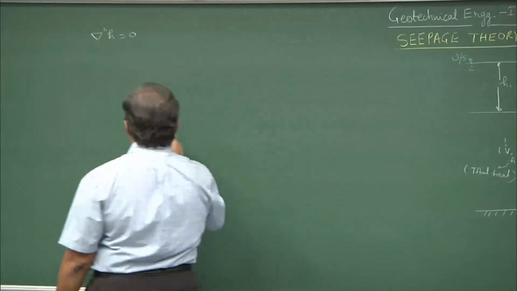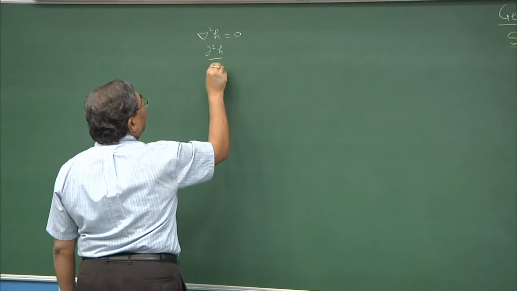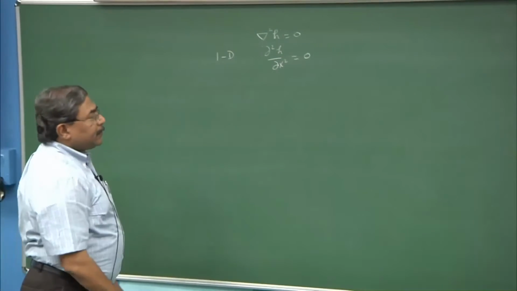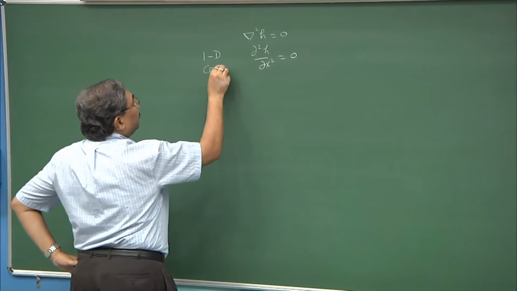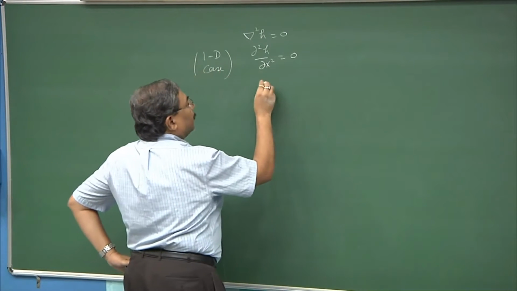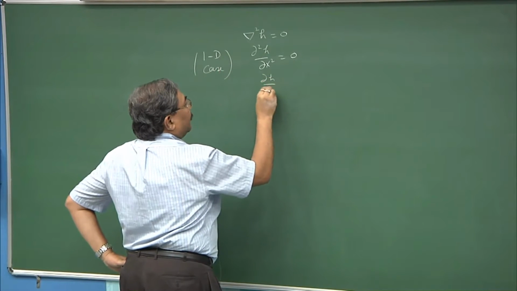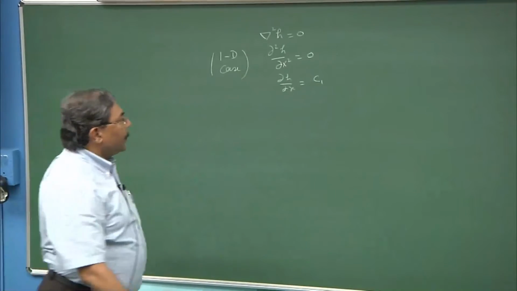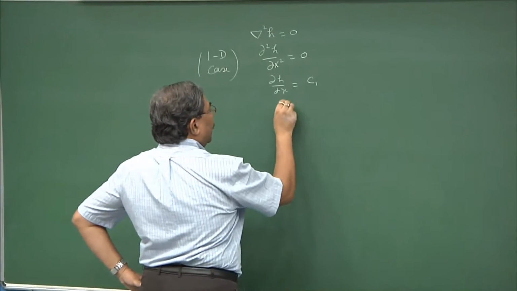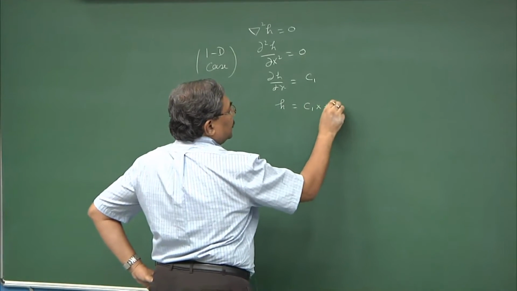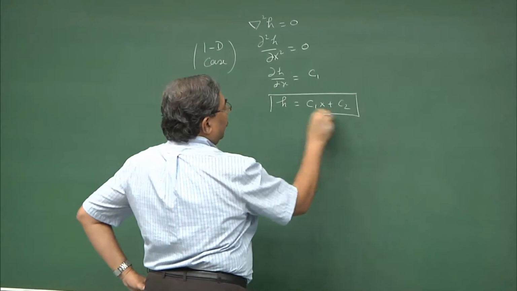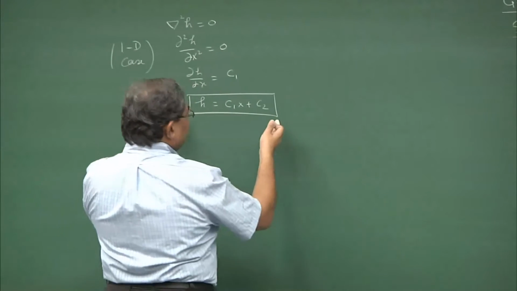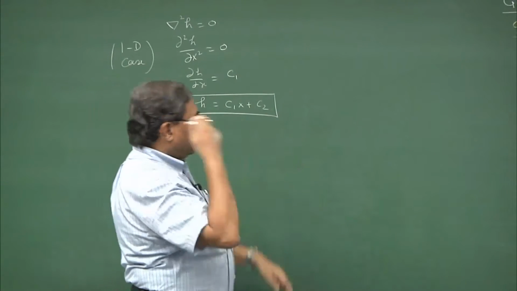So, suppose if I consider one dimensional case, this will be equal to del H upon del X equal to C 1, or if I further integrate it, I can say H equal to C 1 x plus C 2. All right. So, using the Laplace equation, I can also solve these problems.